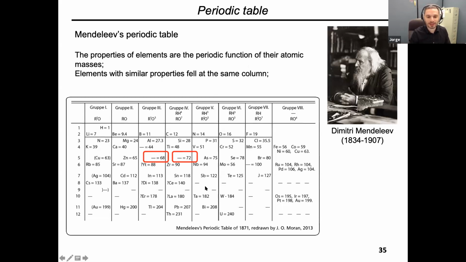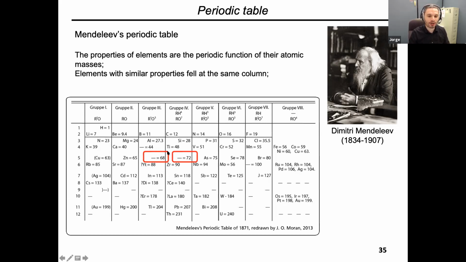Mendeleev organized all the elements that were known at the time. And in his table, the most amazing thing was that there were some elements that were not discovered yet. However, Mendeleev predicted the masses of these elements and also predicted where they would fall in his table.